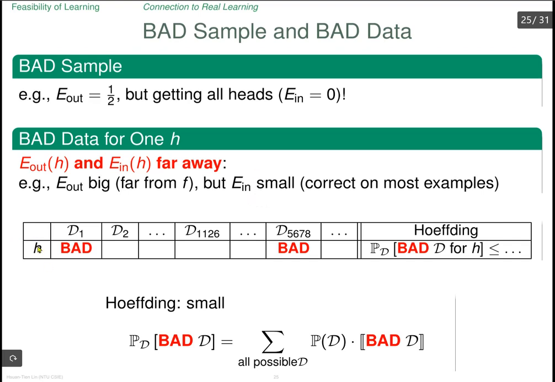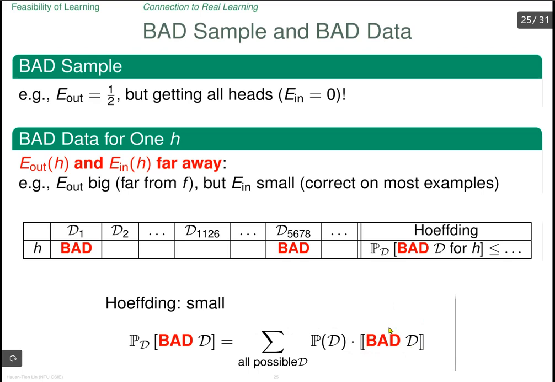So we have several cases of bad samples in a given data set, and we need to extend the Hoeffding inequality. Hoeffding is based on the bad event, upper bounding the bad event by a negative exponential function. So for this selected H, the probability of bad data or sample happening will be equal to the sum of all individual bad samples in the data.